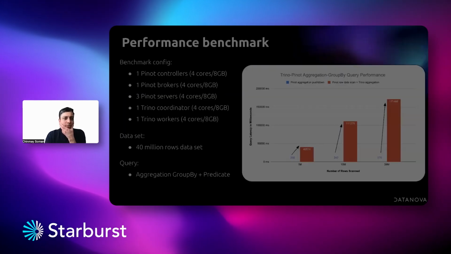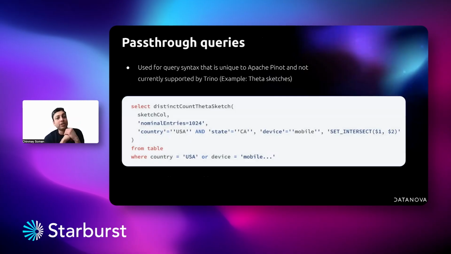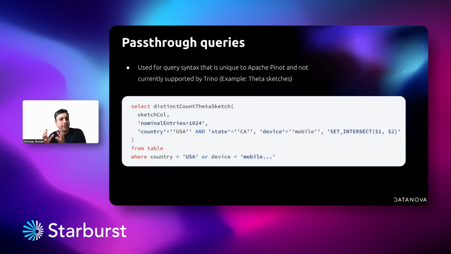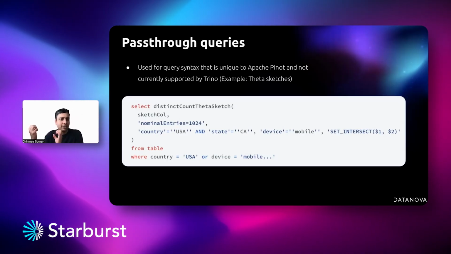All right, so now let's look at one of the cool things that happened as part of this connector. As I mentioned before, the Trino connector tries to push down as much as possible to the Pinot layer. The goal is to do a minimal amount of work. In some cases, there are things that Apache Pinot supports, but are not currently supported by Trino itself.